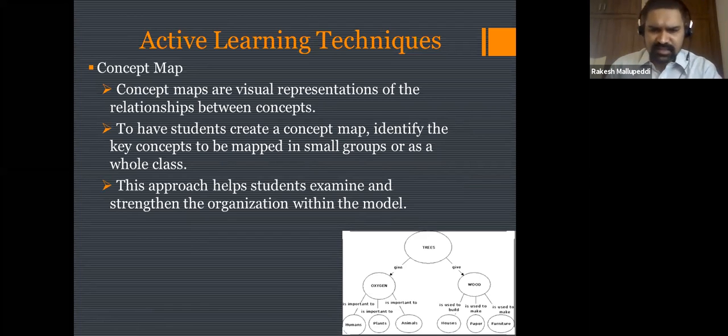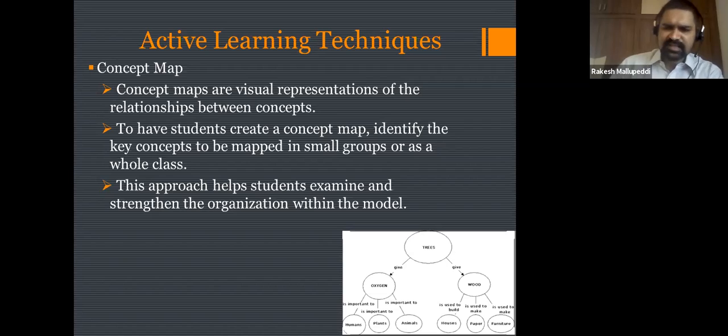So if you see, like I said, in the notes you have the particular concept, and then on the arrows you are giving them the relationship between both of them. Again, you are simplifying the studying process of a concept or a particular content.